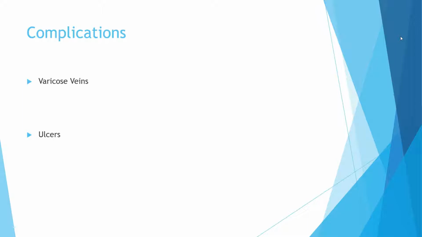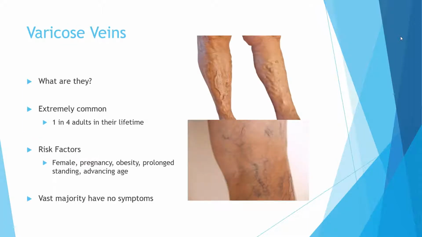In terms of complications that we get from venous insufficiency, the two that we see clinically are varicose veins and the formation of ulcers. So varicose veins are tortuous veins that you can see on legs. These can either happen in larger veins or in smaller veins and create these spider vein-like appearances on the limb that oftentimes are commented on as being unaesthetically pleasing.